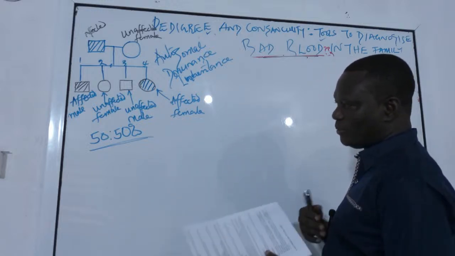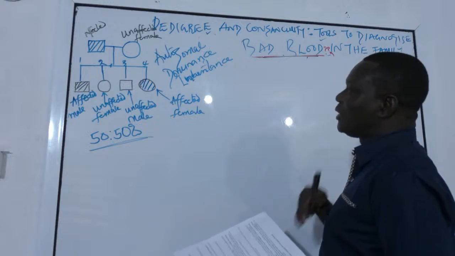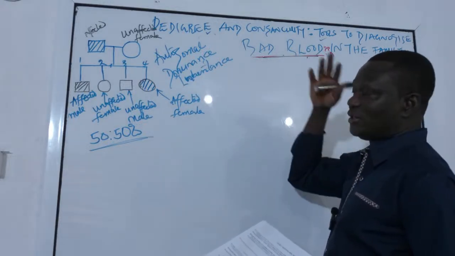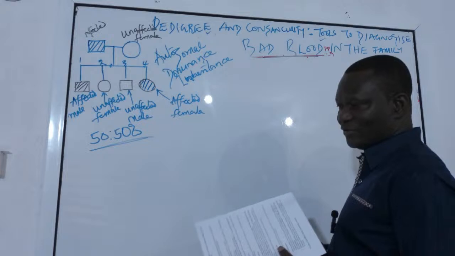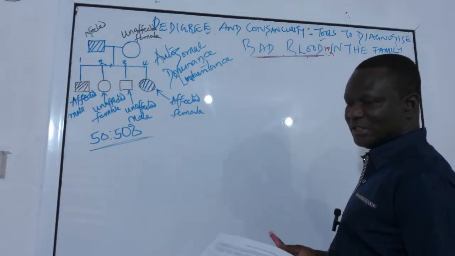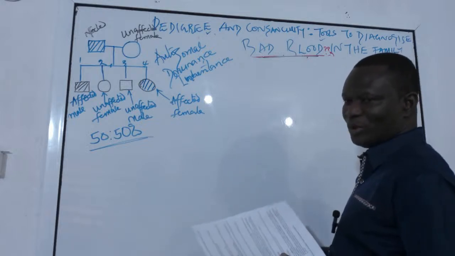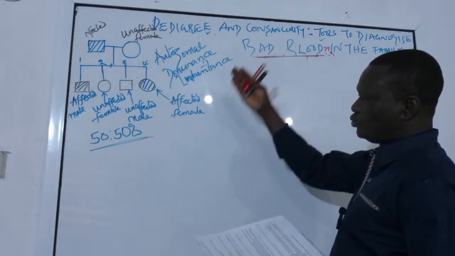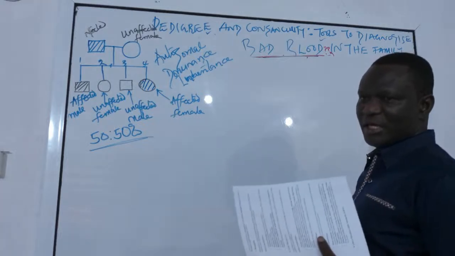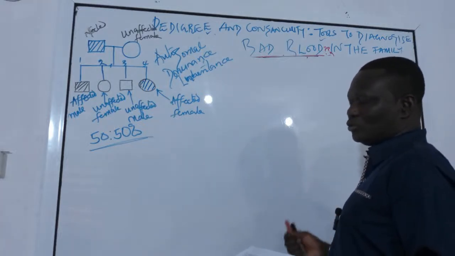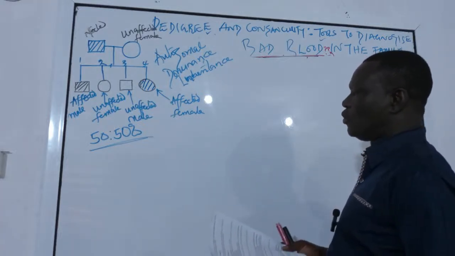If it is a normal trait, people would not worry about what is happening. If somebody is healthy and has no condition, nobody will want to go into what the past could be, and nobody will want to know what the future will be.